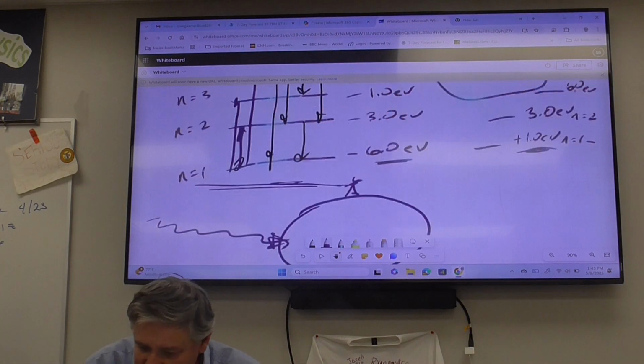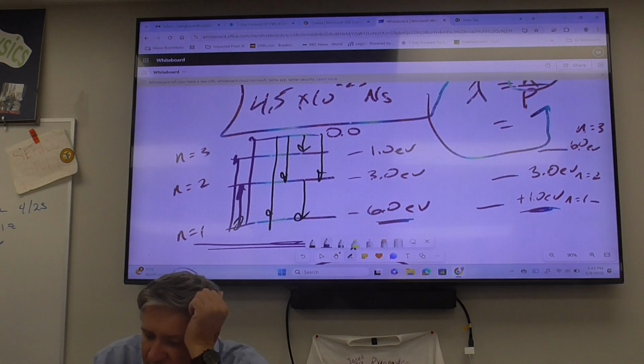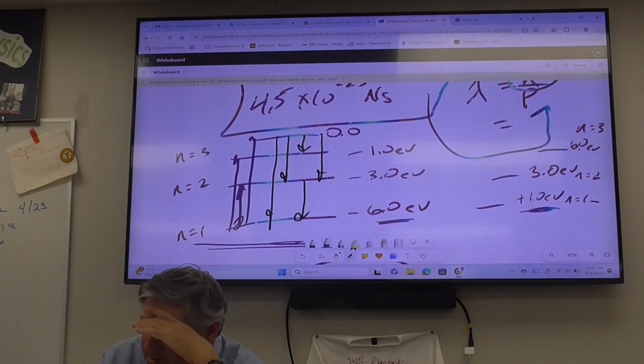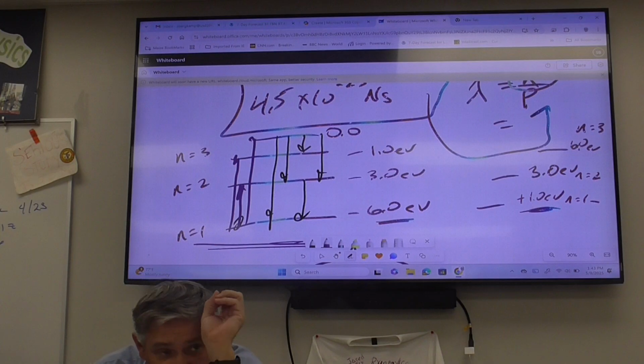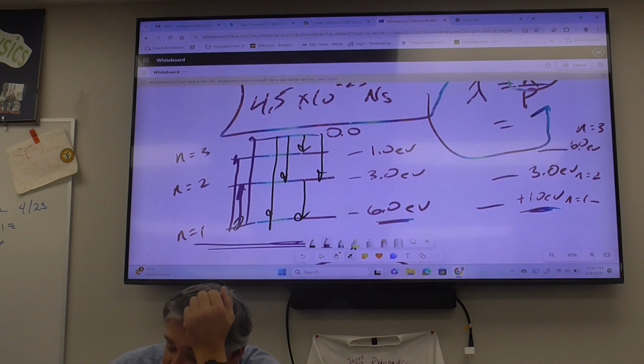So back to our story. You've got these transition energy levels. If you're asked to determine the emission spectrum, you have to take all the different possibilities into account. You can go from 1 to 3, that would be 2 electron volts.